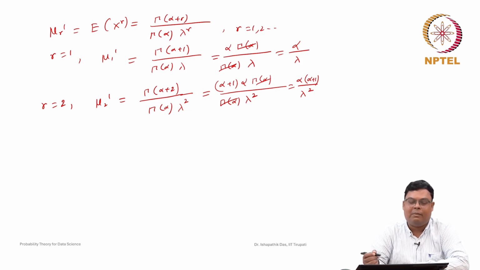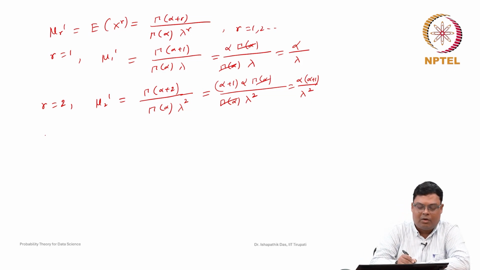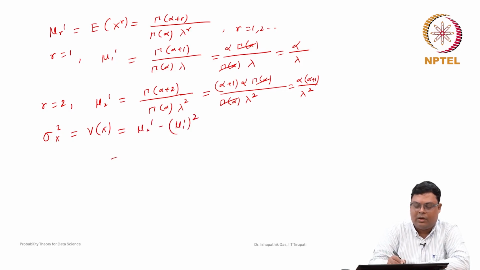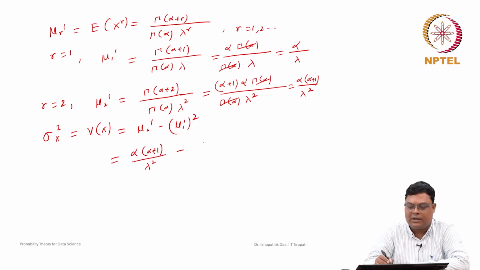Then we can simplify for the variance also from here. What will be the variance of this gamma random variable? The variance of x is nothing but mu 2 dash minus mu 1 dash whole square. So, mu 2 dash is alpha into alpha plus 1 by lambda square, minus mu 1 dash whole square, where mu 1 dash is alpha by lambda.